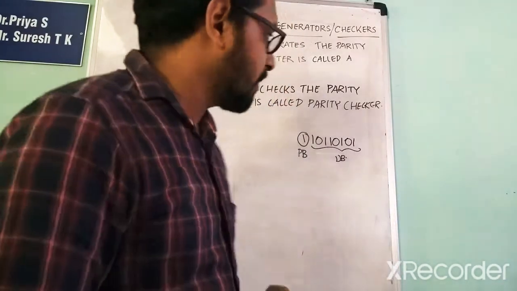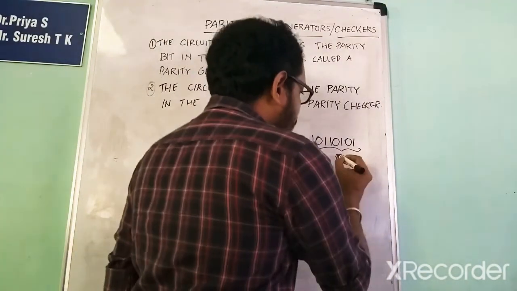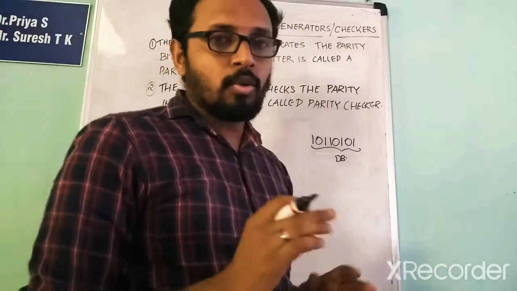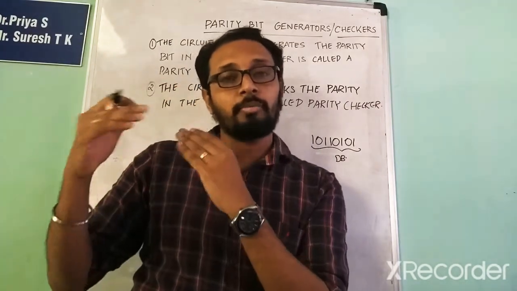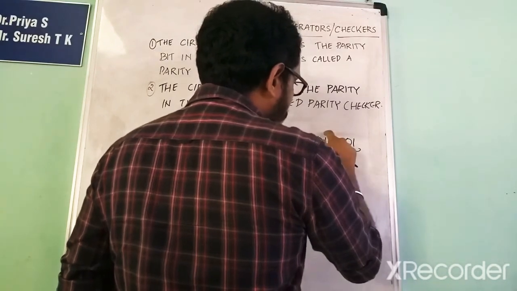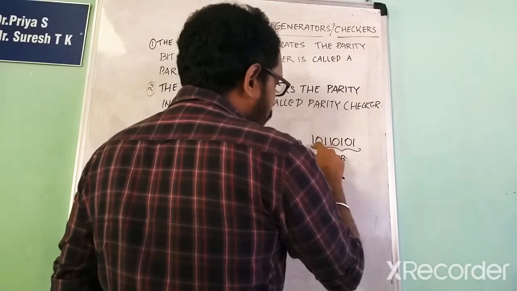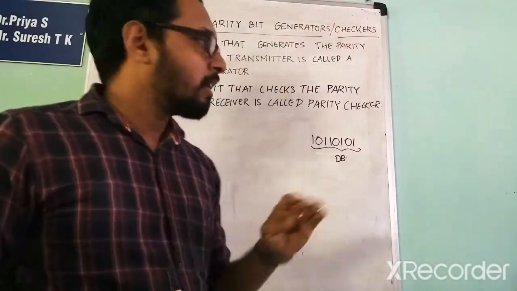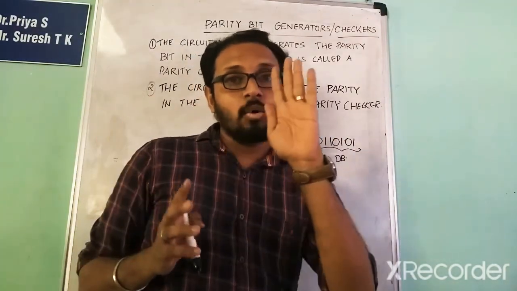I hope it's clear. Let me discuss this once again. These are the data bits, 10101011. We are going to set what kind of generator, or what kind of parity bit, is to be added. This is 8 bits, and the number of ones is 1 2 3 4 5. So the number of ones here is odd.